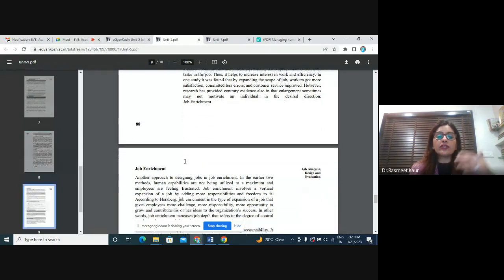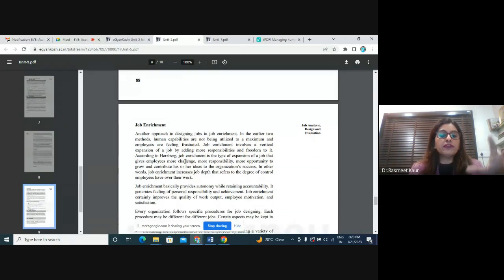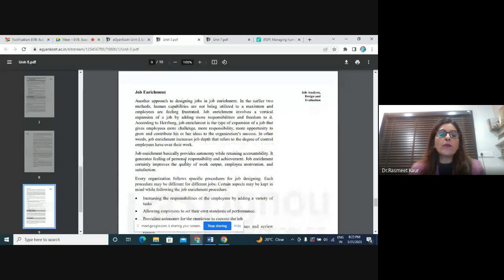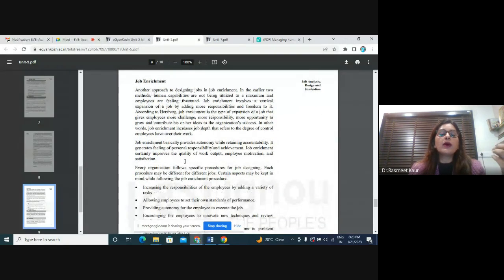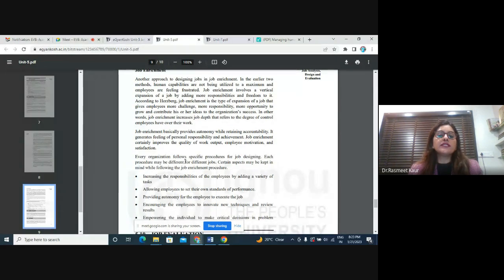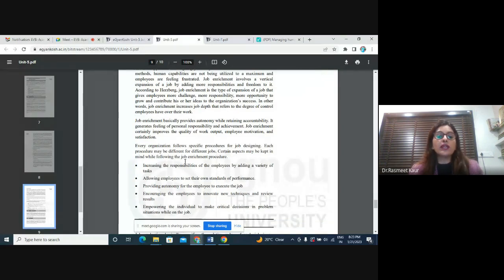Whereas when we say enrichment, it is completely different. Enrichment means you are talking about not only expansion of the job, but also enriching the job by providing different opportunities to grow, contributing his or her ideas to the organization's success, giving him more responsibility, giving him more control in the organization.